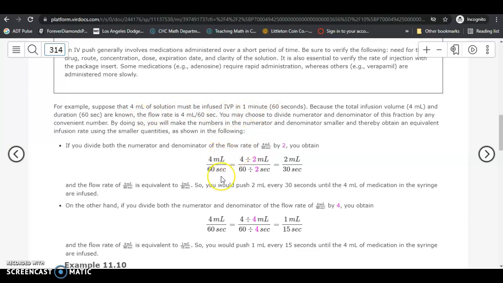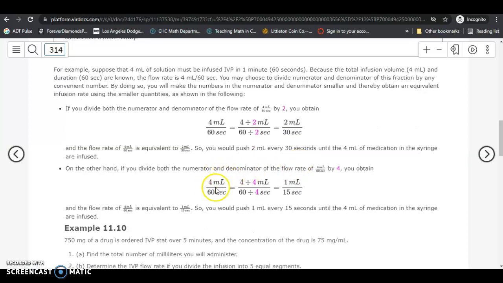You can divide it into 2 segments, which means you would give 2 milliliters every 30 seconds. Or you can take that same flow rate, 4 milliliters over 60 seconds, and divide it into 4 segments. So in other words, you would give 1 milliliter every 15 seconds.